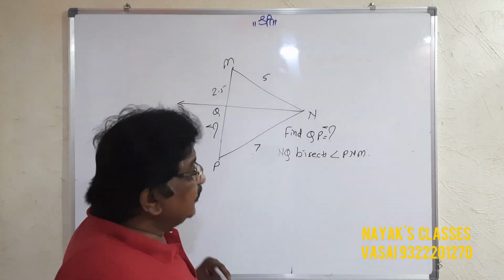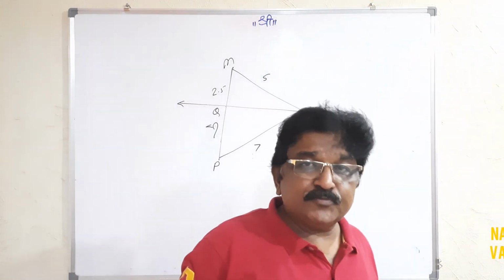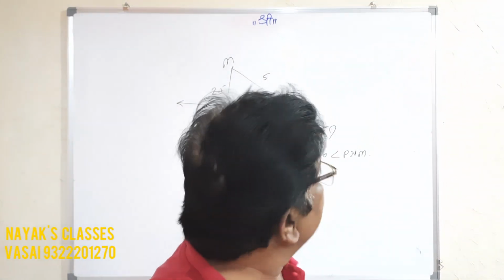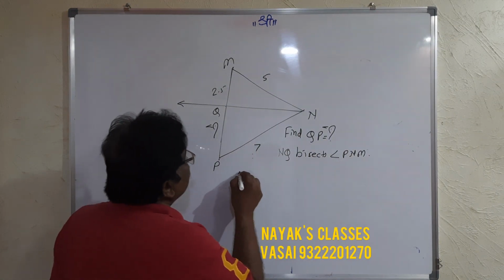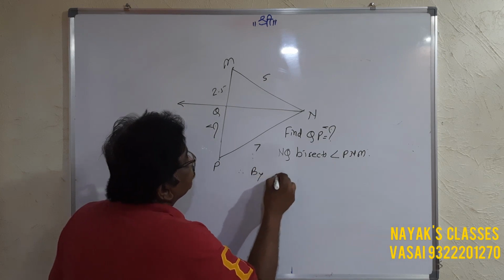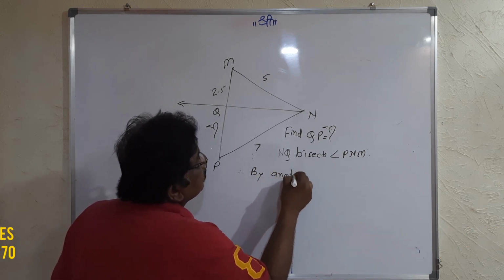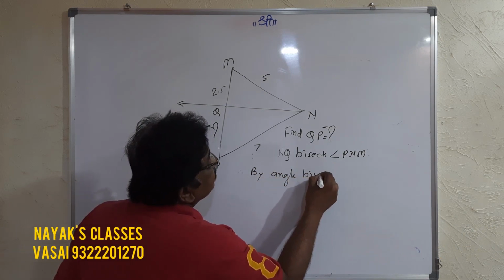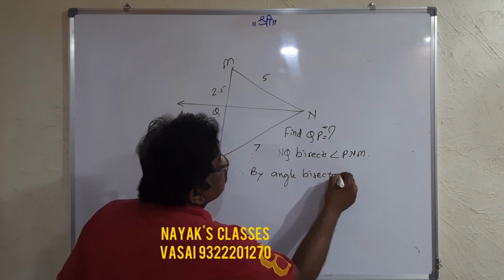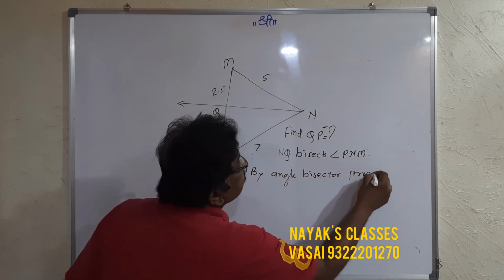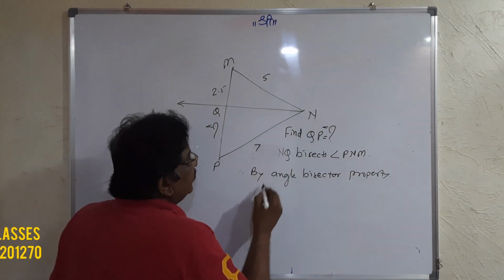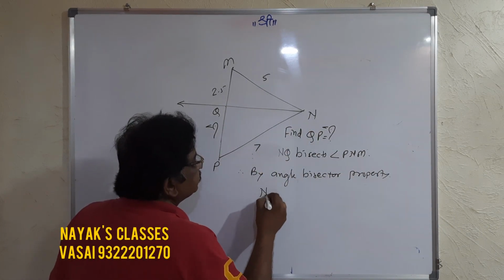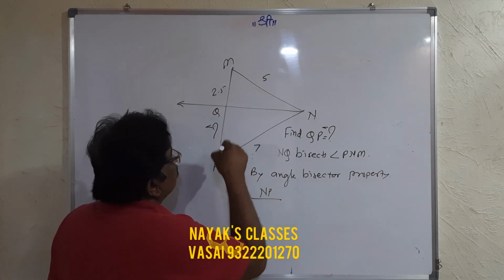So when they are saying NQ is the bisector of angle PNM, then definitely, therefore by angle bisector property, the ratio will be PN or NP upon PQ.